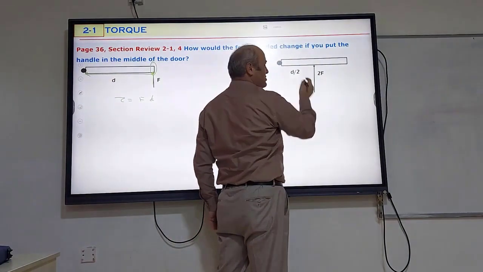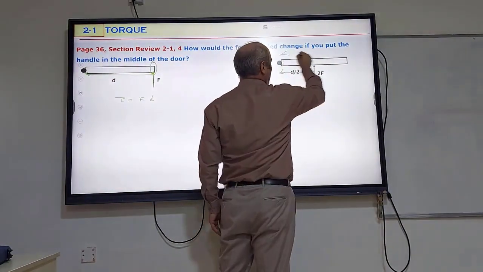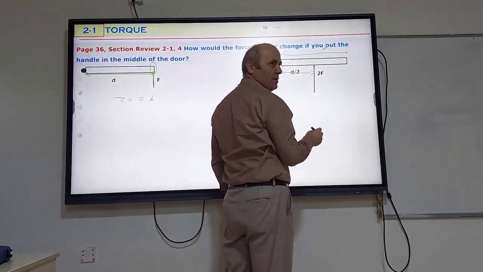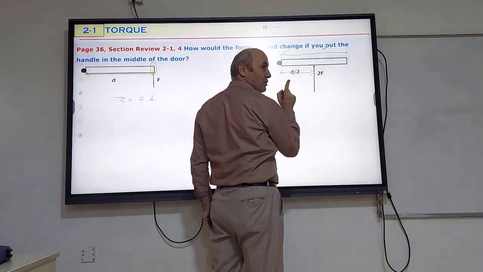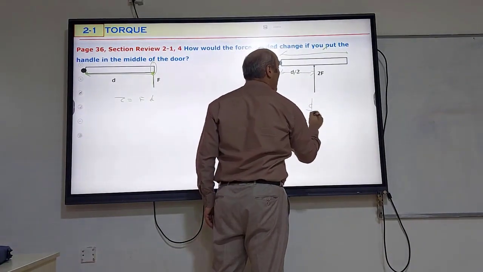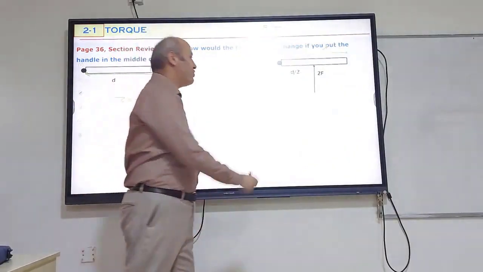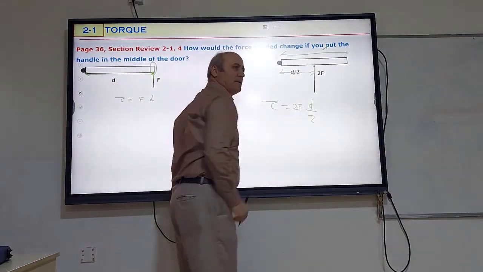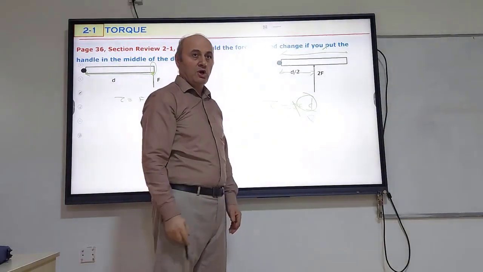If you take it to the middle, the distance becomes d over 2. Then you should produce the same torque again by the force. So if the distance is halved, if you want to get the same torque, force must be doubled. Then these two will cancel, and you will get the same number again.